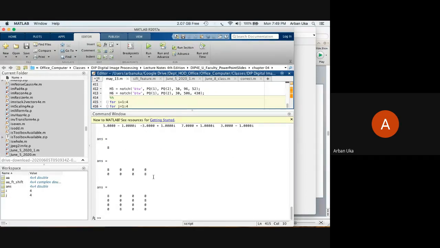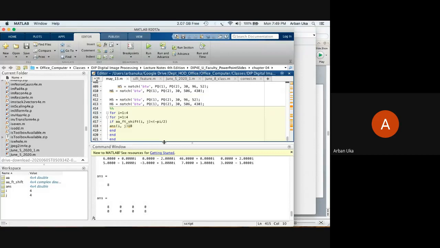So we run this, and it looks like we said that if the, oh no, we made another mistake. We keep making mistakes, but it's okay.